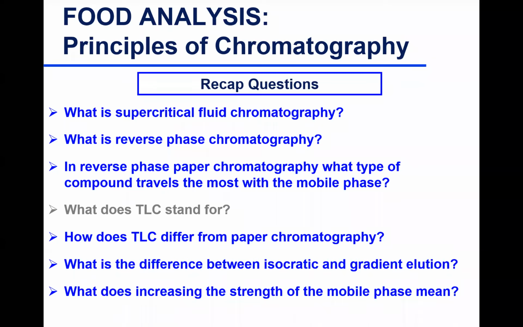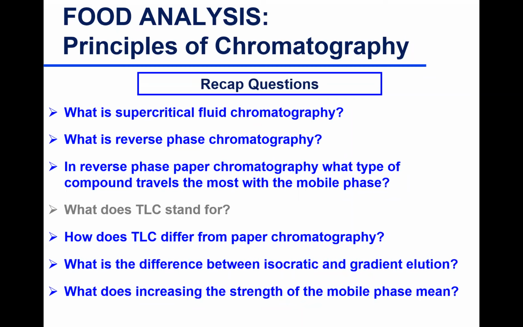The most polar, Giorgino. Okay. So in reverse phase paper chromatography, what type of compounds travel the most with the mobile phase? We already said that. It's the same thing. The least polar will be retained the most because they would like to associate via non-polar interaction with the stationary phase, and the most polar will move the most.